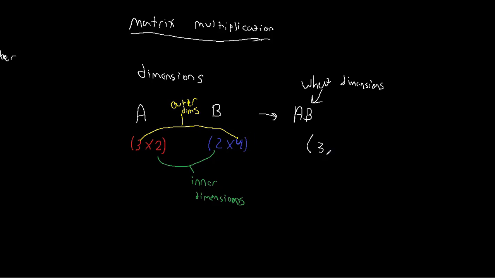It's going to be a 3 by 4. We're going to see what that looks like in some conceptual examples and some real examples in a minute. But I want to drive home this idea that if the inner dimensions match, then the resulting multiplication is going to have the dimensions of the outer dimensions, 3 by 4.